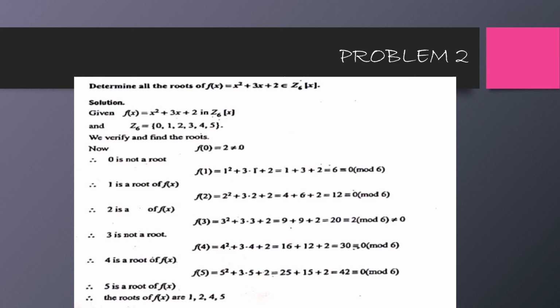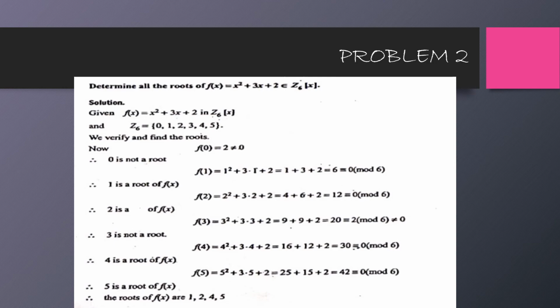Coming to 4, I get 4 square, which is 16, plus 12 plus 2, so it's going to be 30. And the last one, 5: if I substitute 5, it's 25 plus 15 plus 2, so it becomes 42. Is that clear?